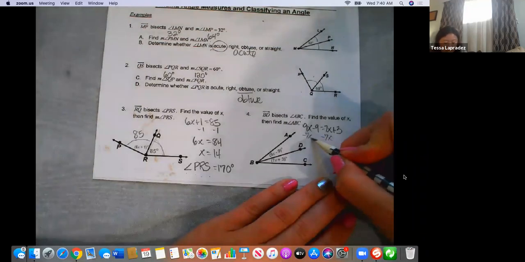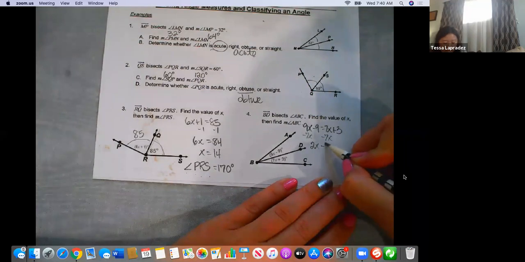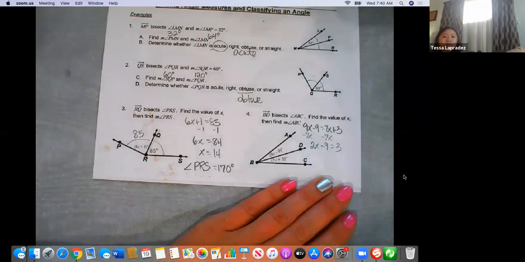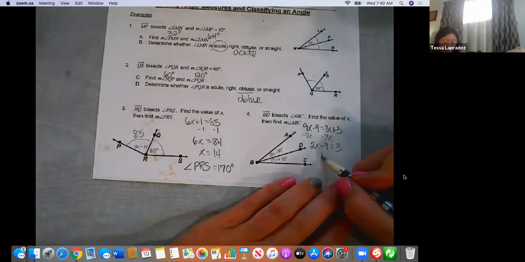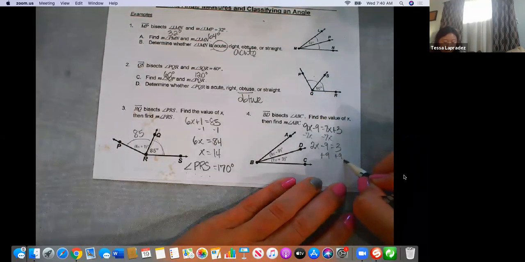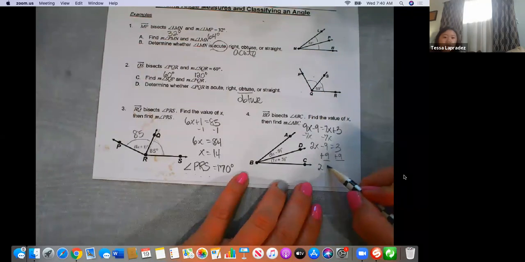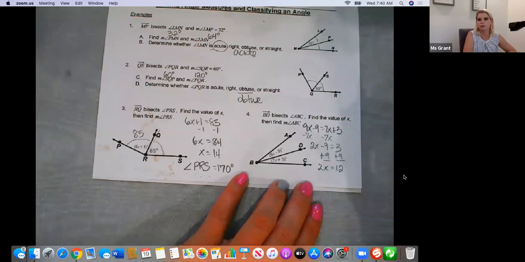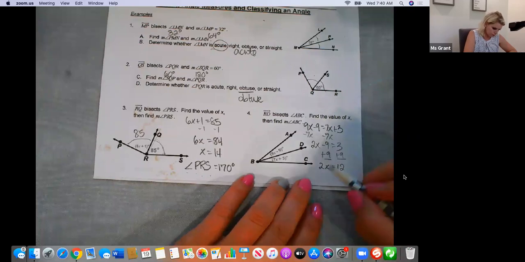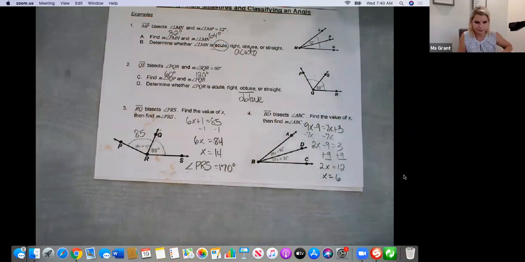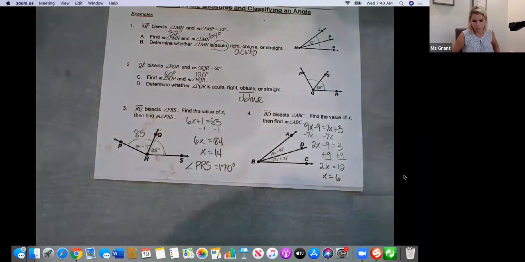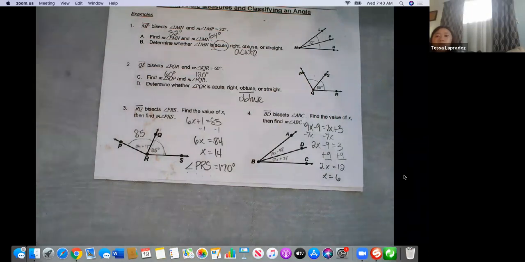So it becomes 2x minus 9 equals 3. And then you add 9 to both sides. 2x equals 12. Mm-hmm. And then you divide by 2 on both sides, and x equals 6. Excellent.